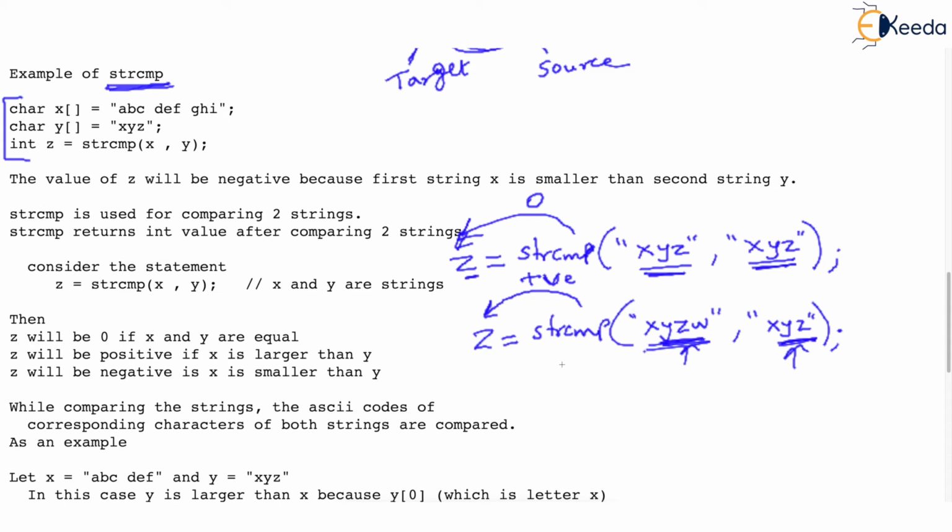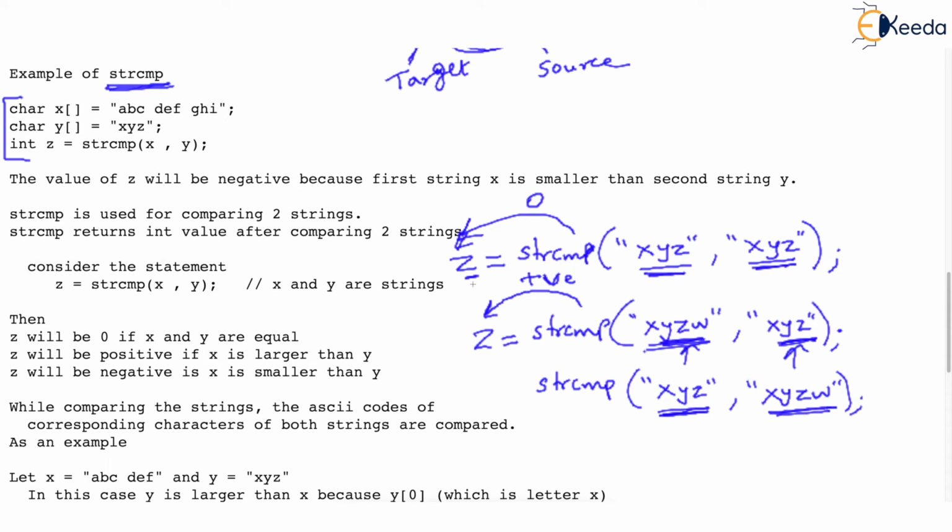Now have a look at this. Suppose I say strcmp, I am comparing two strings and check the first string. The first string is xyz and the second string is xyzw. Now this is the first string xyz and the second string is xyzw. It is very much visible that the first string is less than, or smaller than, the second string.